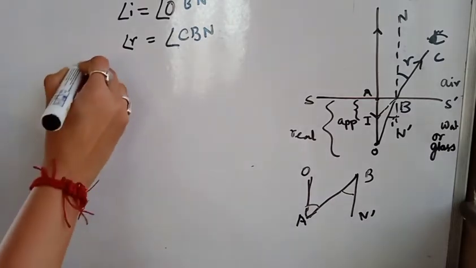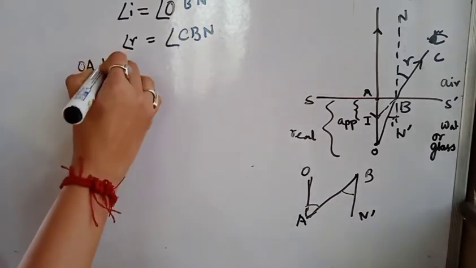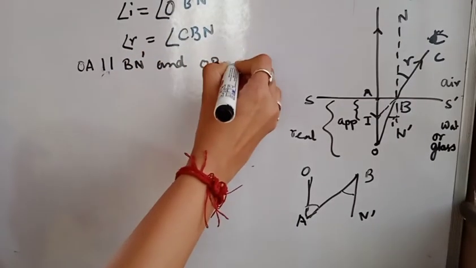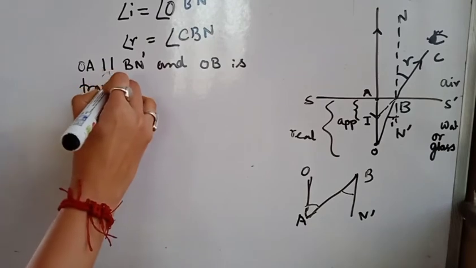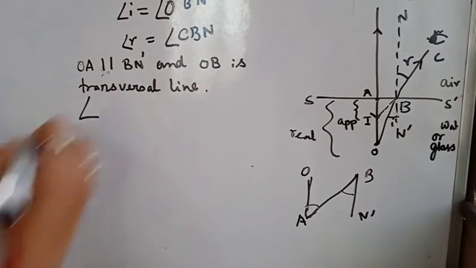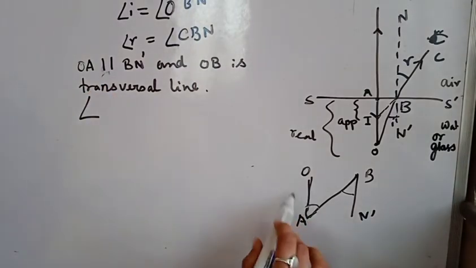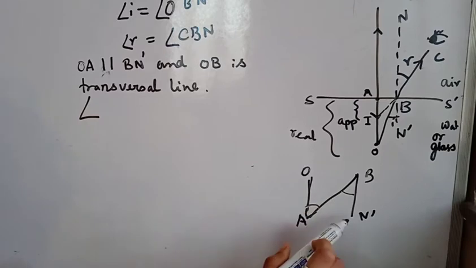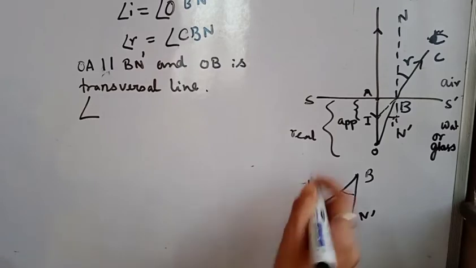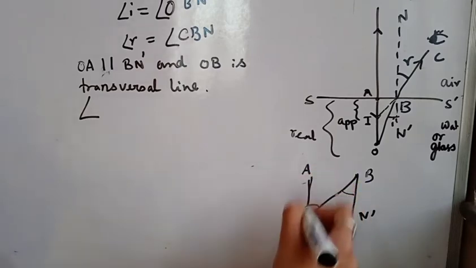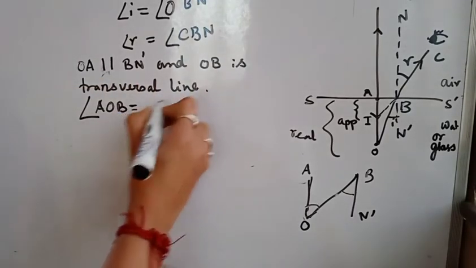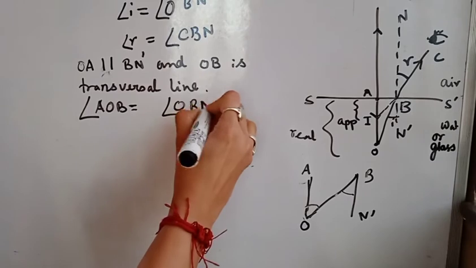So as OA is parallel to BN prime and OB is the transversal line, angle AOB will be equal to angle OBN prime.